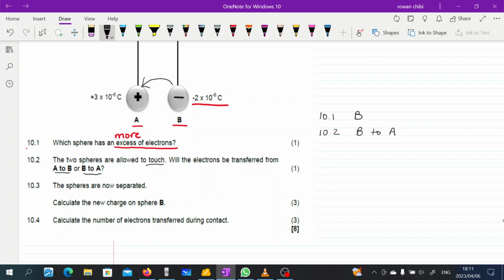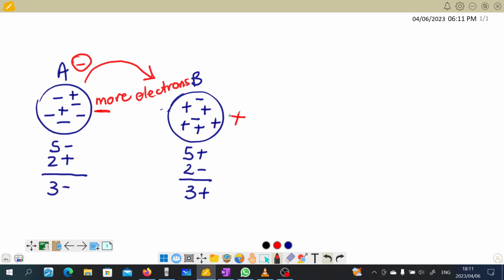The spheres are now separated. Calculate the new charge on sphere B. Now, what is a new charge?